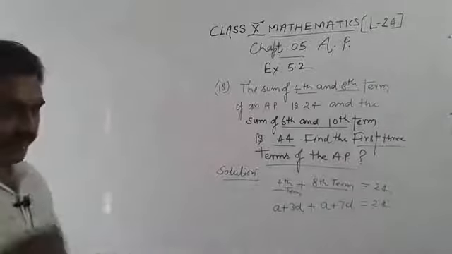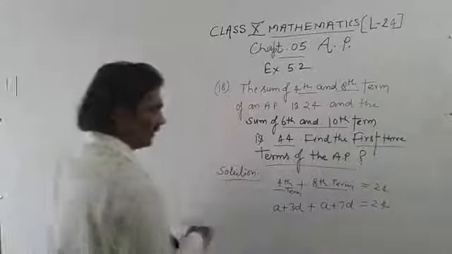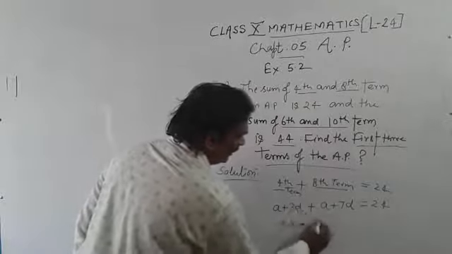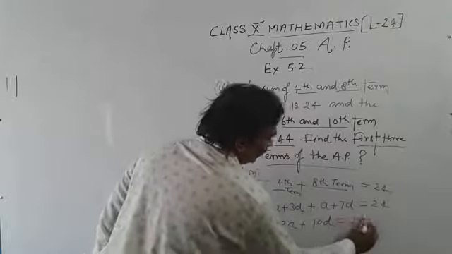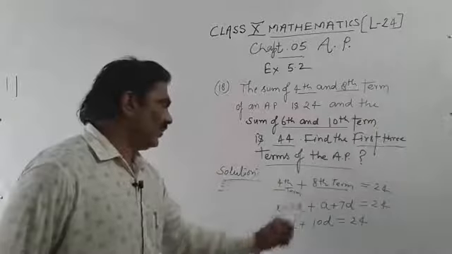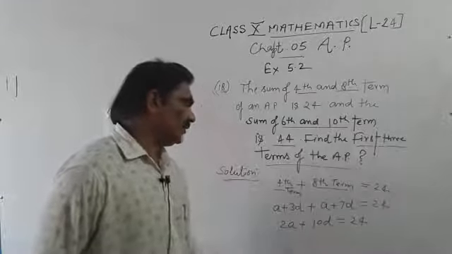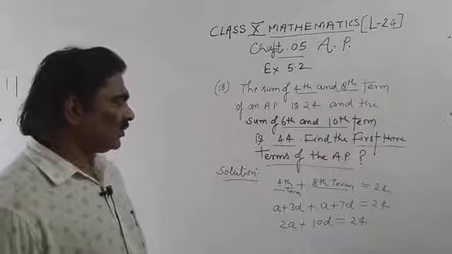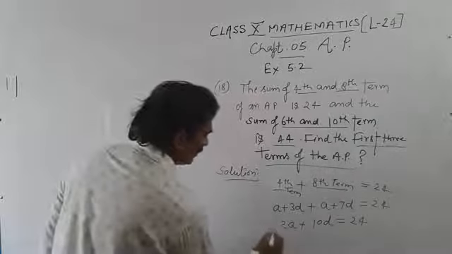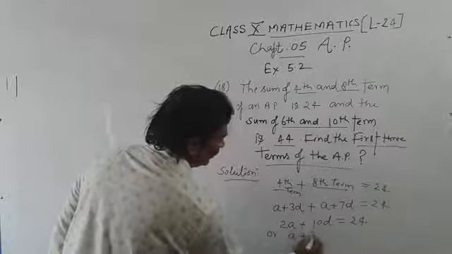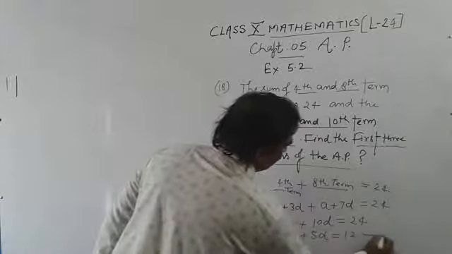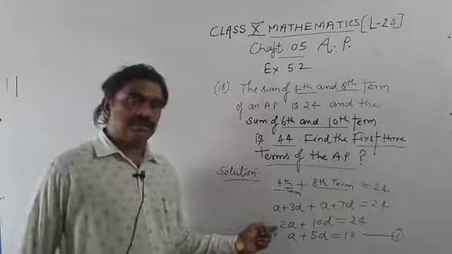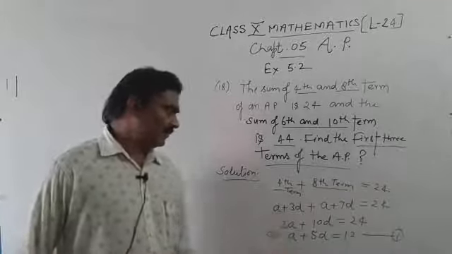So now we can write 2a plus 10d is equal to 24. A plus a is 2a, 3d plus 7d is 10d, equals 24. And we can divide both sides by 2. So we get a plus 5d is equal to 12, equation number 1. Remember students, here we have divided both sides by 2.